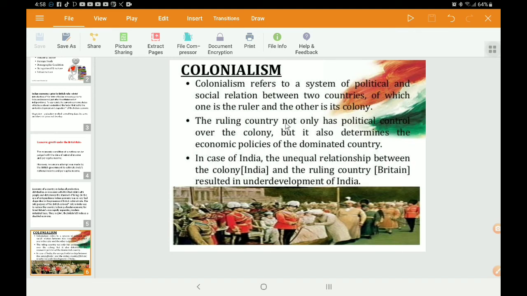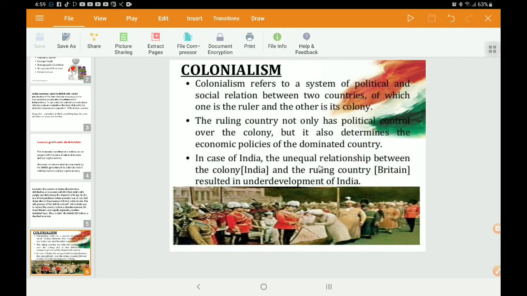The ruling country not only has political control over the colony, but it also determines the economic policies of the dominated country, which means the control of a colony is in the hands of Britishers who are far away, sitting in another place and controlling the country of India.